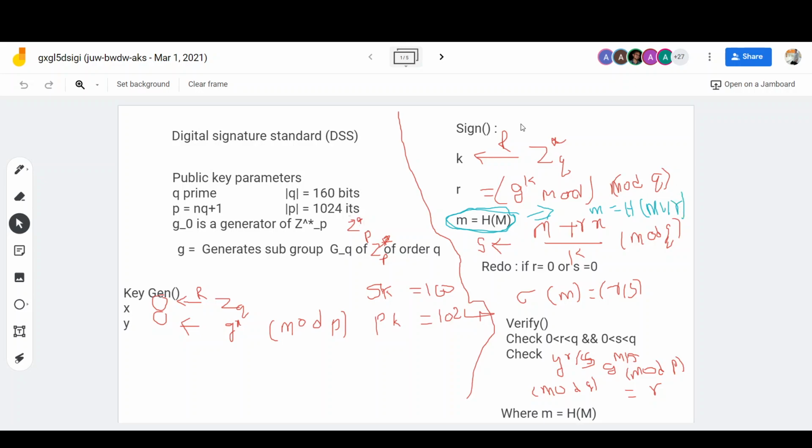Now I'm concluding this integrity part. In the integrity part, we started with the cryptographic hash function. Then we discussed a little about how to design cryptographic hash functions; Merkle-Damgard and Merkle tree concepts are there.